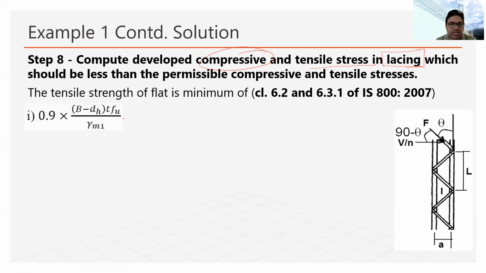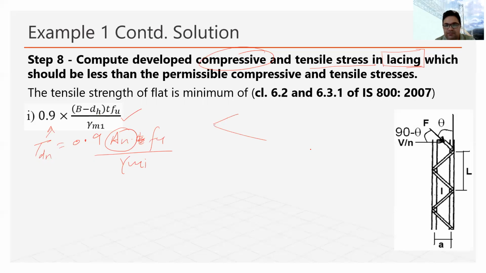This is the formula we use to find the rupture strength, TDN, which is 0.9 into AN into FU. The same formula we are going to use here. AN is the net effective area, and here the net effective area will be B minus DH.